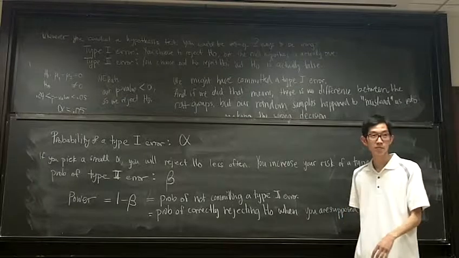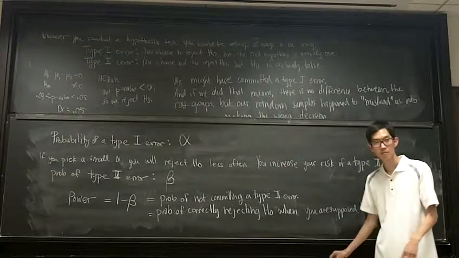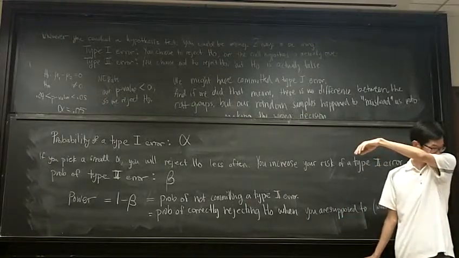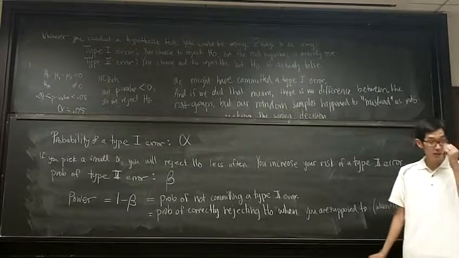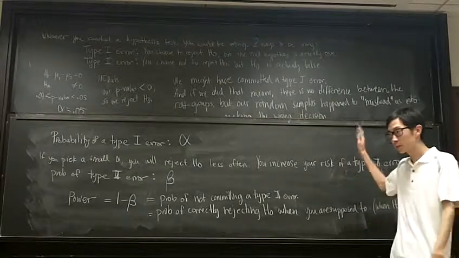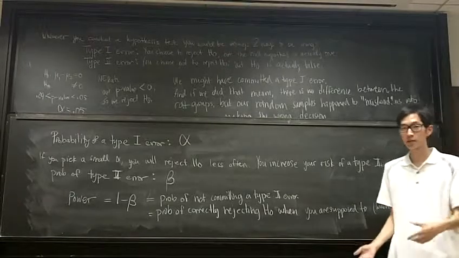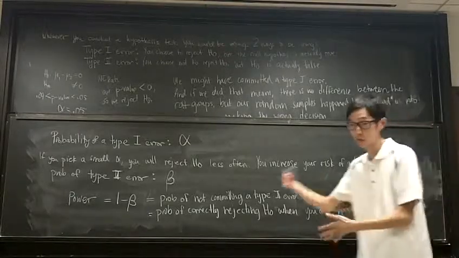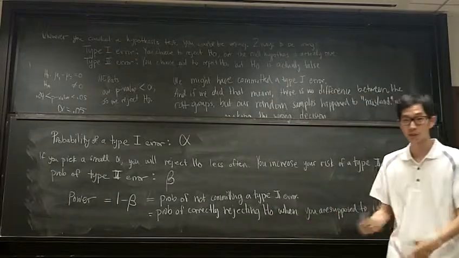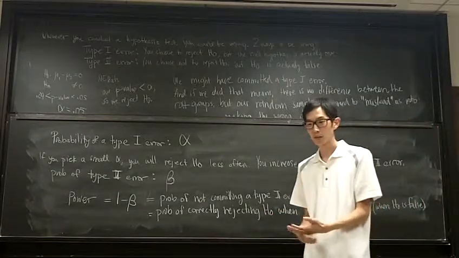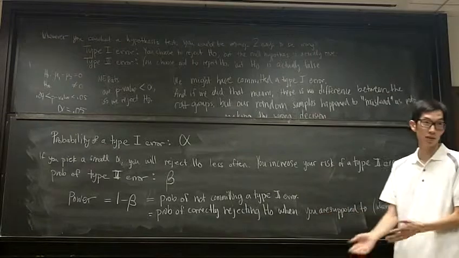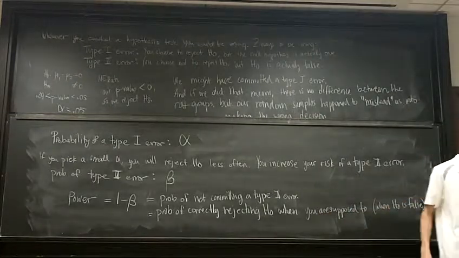So your given is always going to be the reality, whether the null is true or false. We just don't know what it is, okay? And so we're saying, okay, if this is the reality, what's the probability that I'm going to make this decision? And if this is the reality, what's the probability that this is going to happen? Okay, so there are calculations involved with that.